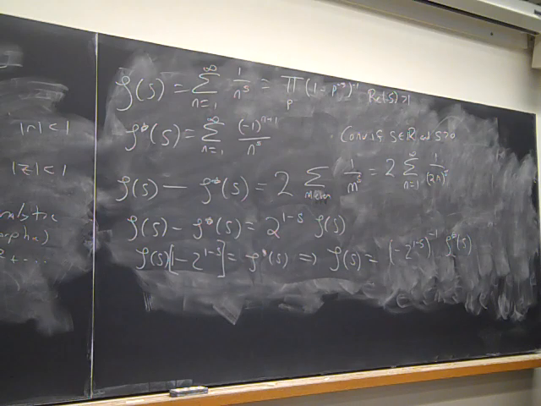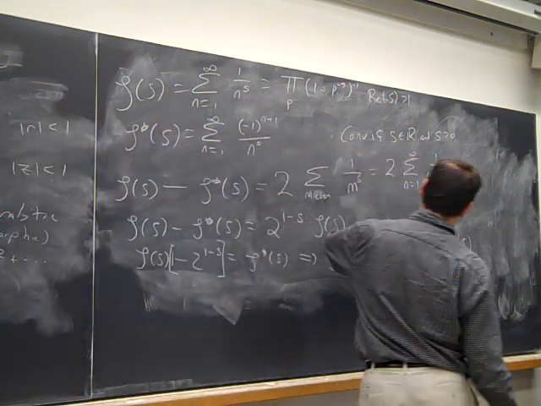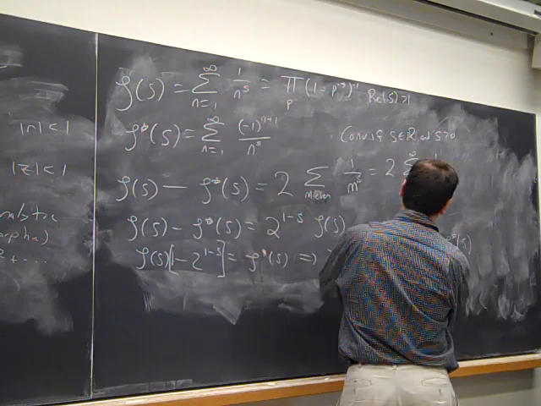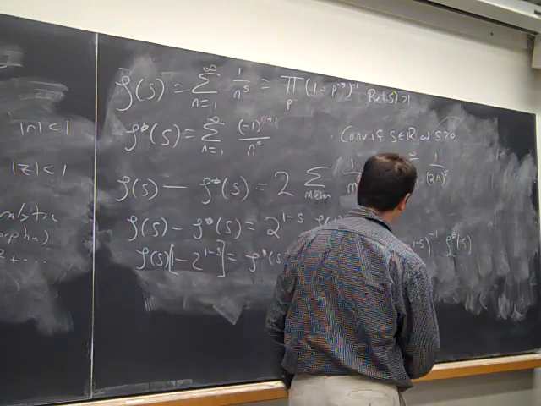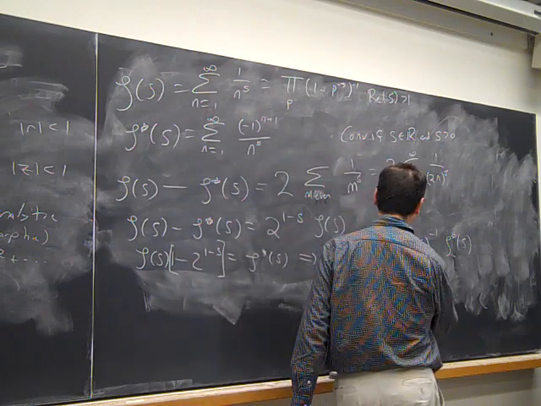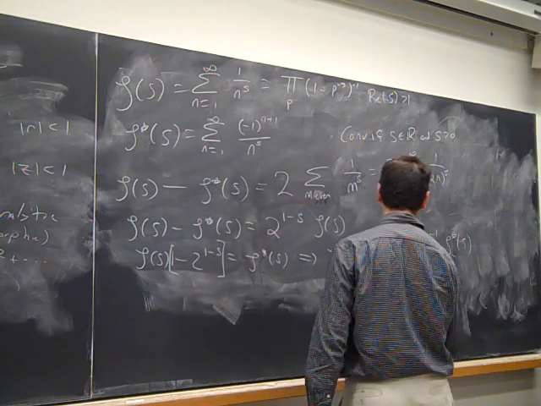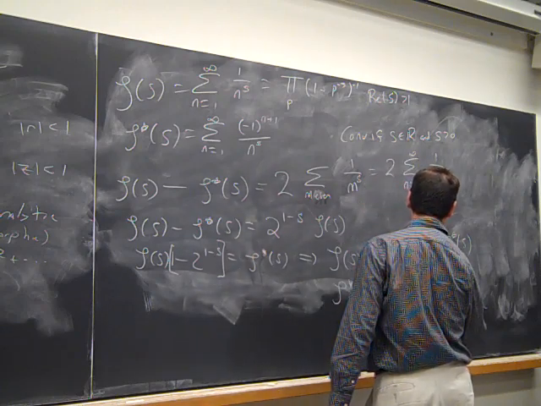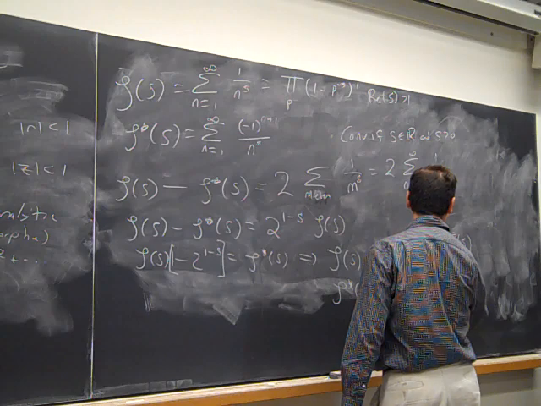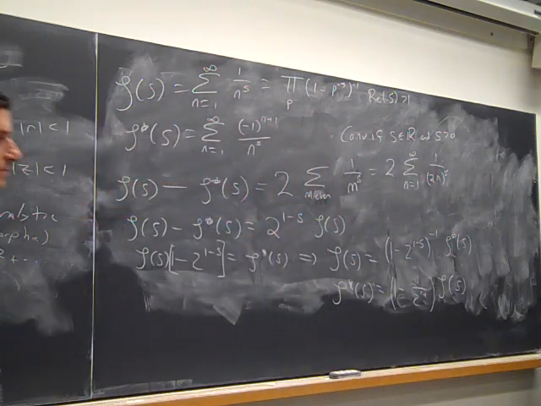So zeta of s is 1 minus 2 to the 1 minus s inverse zeta star of s. Or another way of writing this is zeta star of s is 1 minus 1 over 2 to the s minus 1 zeta of s. So you give me zeta of s, I give you zeta star of s, or vice versa.